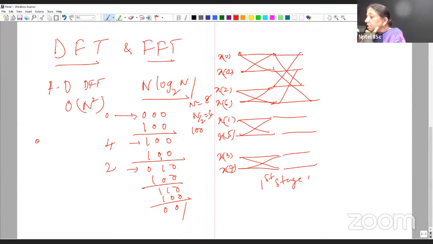The number of butterflies required in each stage is n by 2, which remains constant throughout. As for the computation for 8 points, log 2n, the number of stages required is 3. That way it becomes faster in our computation.